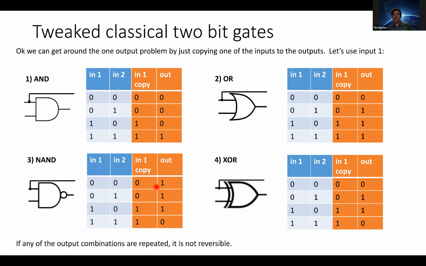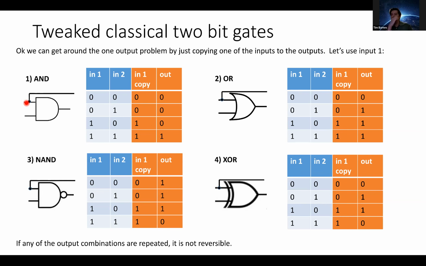And the tweak that we're going to do is to add an extra copy leg of one of the inputs. Okay, so at least then we've got 2 binary numbers as the outputs and 2 binary numbers as the inputs. So now it's going to be possible to try and figure it out, because we've at least got the same number of variables on the input and the output side.